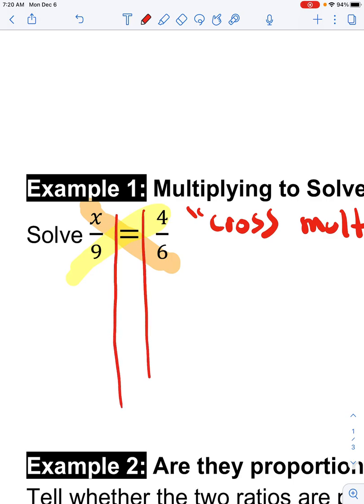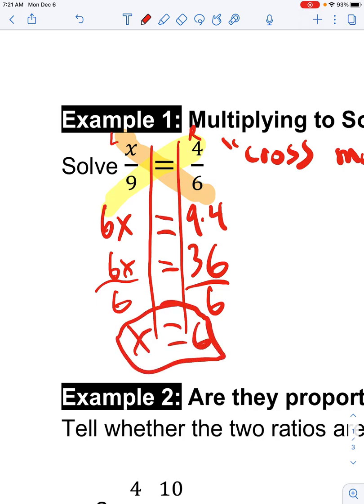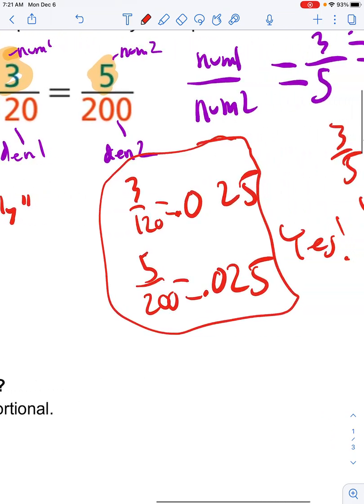So really what I'm left with is 6 times x on one side and 9 times 4 on the other. 6x equals 36. The only way to get x by itself is to divide both sides, the left and the right, by 6, and I'm going to get x equals 6.